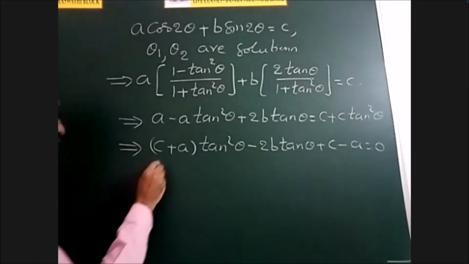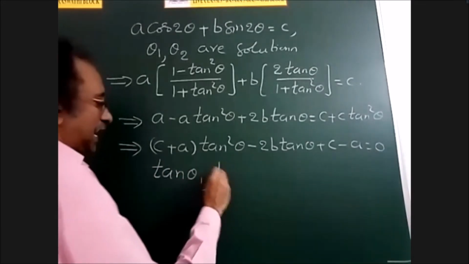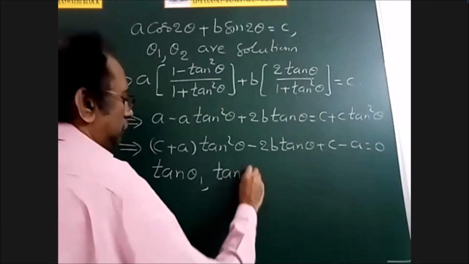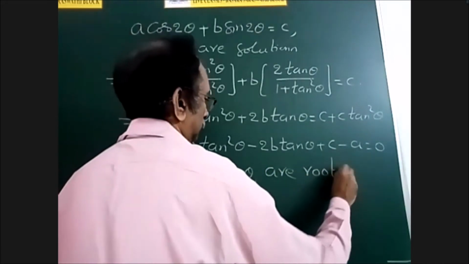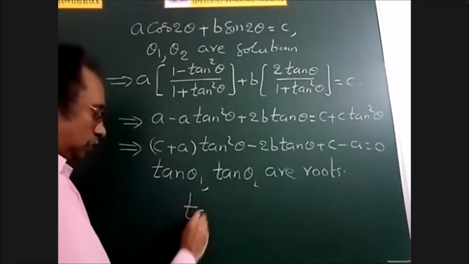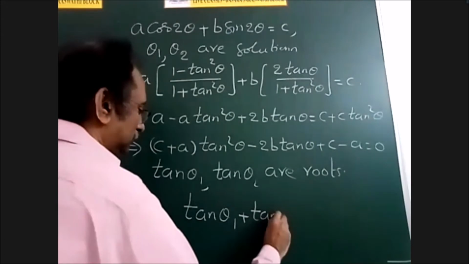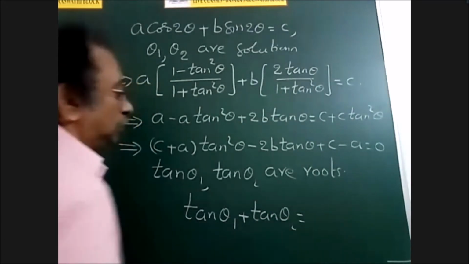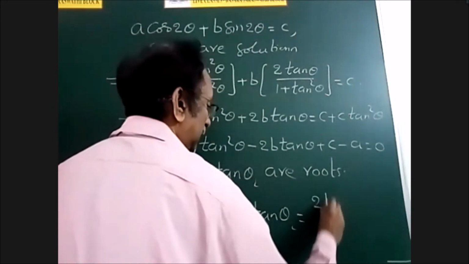Right. So here the roots are theta 1 and theta 2, means tan theta 1 and tan theta 2 are the roots of this equation. And therefore, sum of the roots tan theta 1 plus tan theta 2 is equal to minus b by a, that is 2b by c plus a.